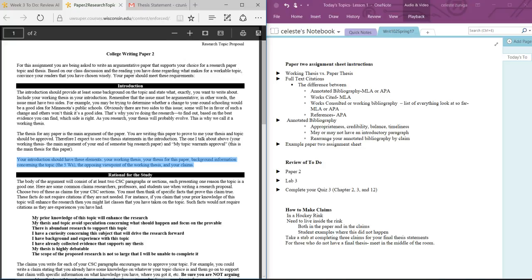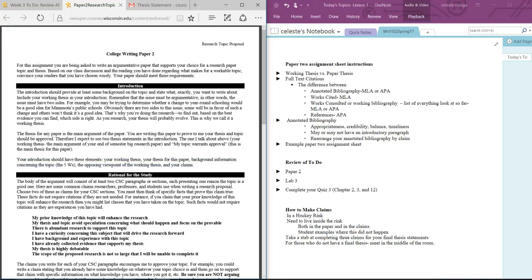So if the main point of paper 2 is to prove to me that you should be allowed to go forward with your research, then your paper 2 thesis is my research warrants approval. My topic warrants approval. Even though you're going to tell me your working thesis somewhere in the introduction, your main thesis in the introduction should be my topic warrants approval.